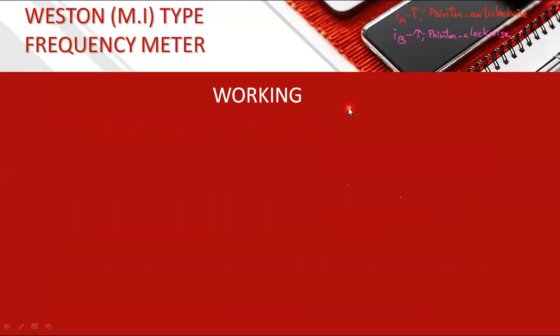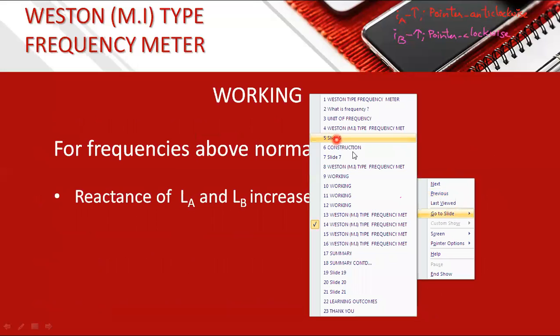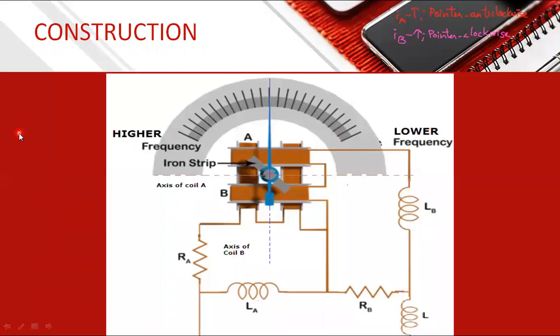We have seen the figure just now. Let us see the working of the frequency meter above normal frequencies. Above normal frequencies means, let us see what happens. So we have more frequency here.